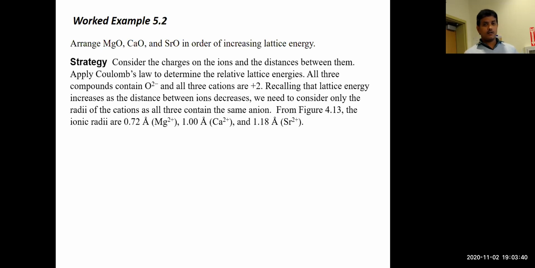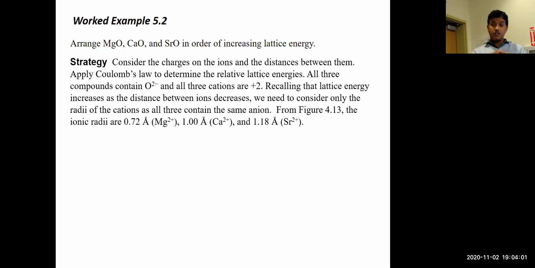Remember the formula that we are going to use. Force is directly proportional to the product of the charges over the distance between them. So when the charges are similar, because the distance is in the denominator, the higher the distance between them, the lower the force is going to be. The smaller the distance between them, the larger the force is going to be.